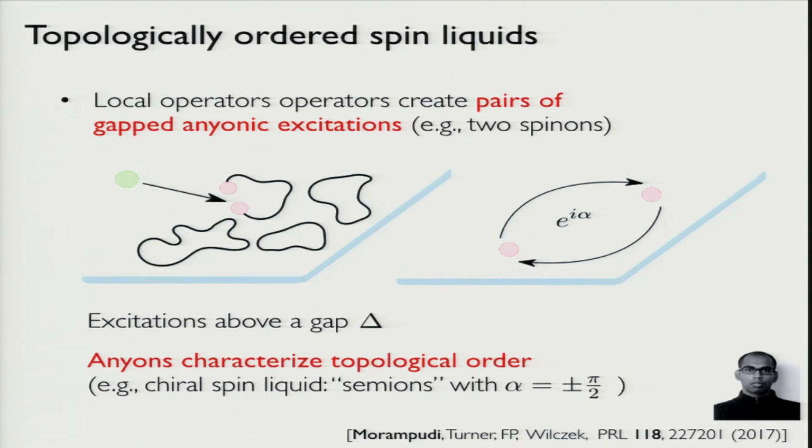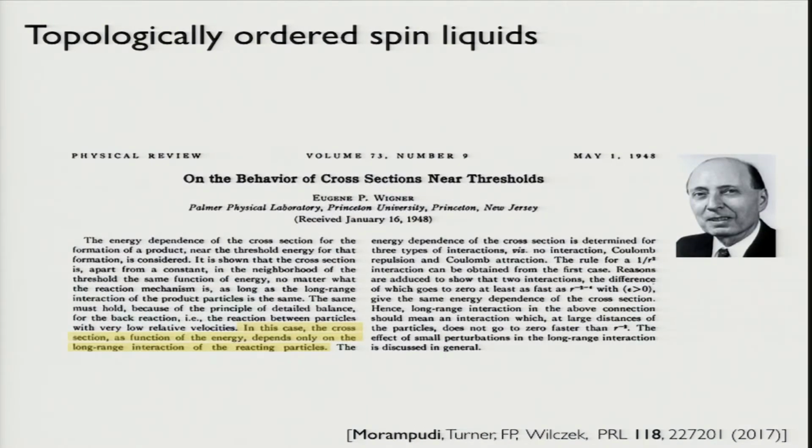Now we are just going back to some very old works by Wigner. In particular, what he found is that the behavior of the cross-section near thresholds only depends on long-range interaction. He looked at the pair production of charged particles which interact via one of our interactions.